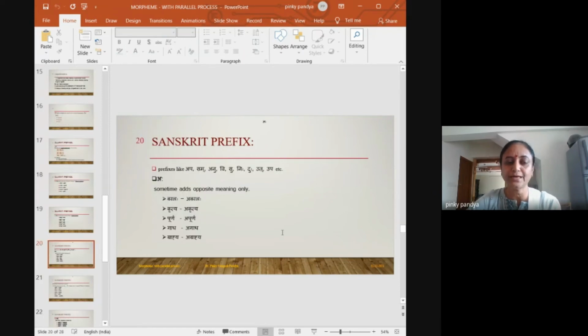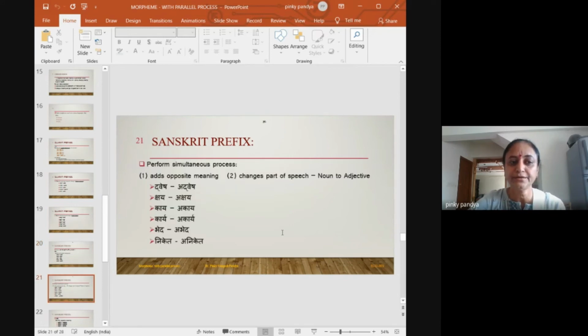Here I have collected Sanskrit prefixes also. Here you can see that there are many prefixes, and in one group a prefix changes only meaning, but in this group it performs a simultaneous process. Dvesha, advesha: dvesha is a noun but advesha is an adjective.